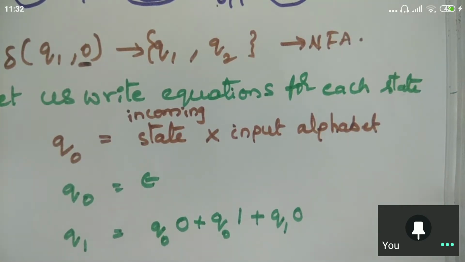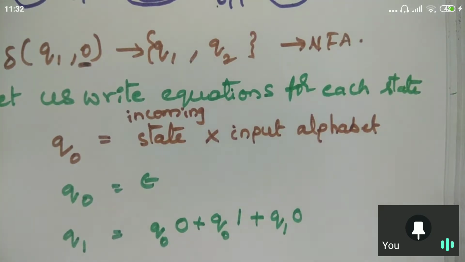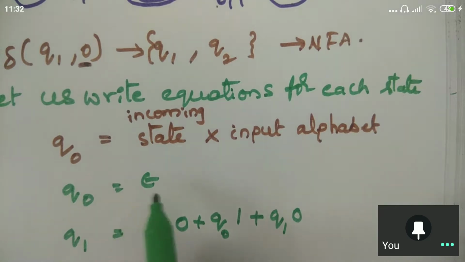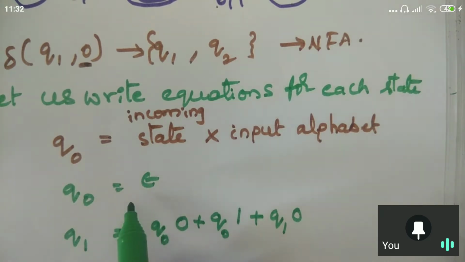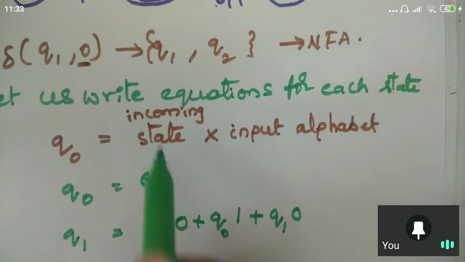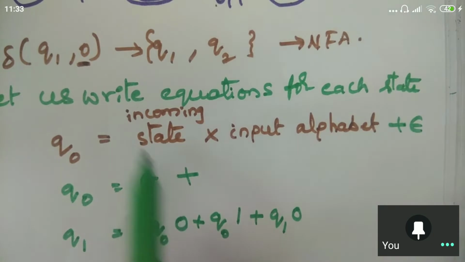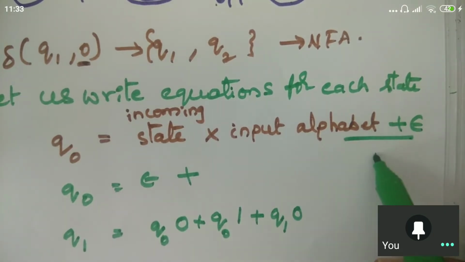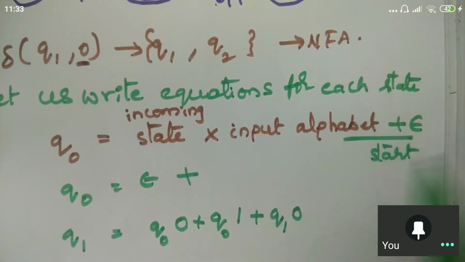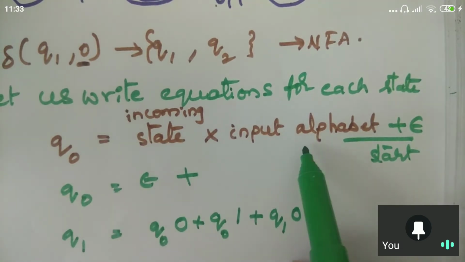You should know how to write the state equation. Suppose any state is a start state, only associated with the start state we will have an epsilon. So epsilon plus incoming state into input alphabet we will write for the start state.